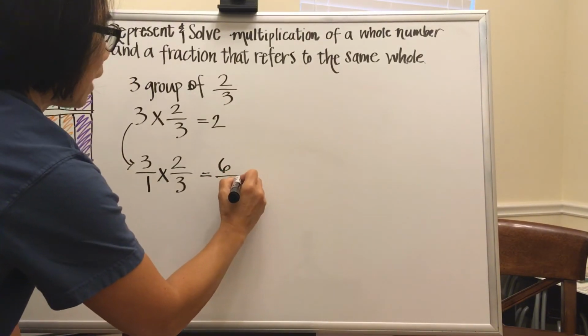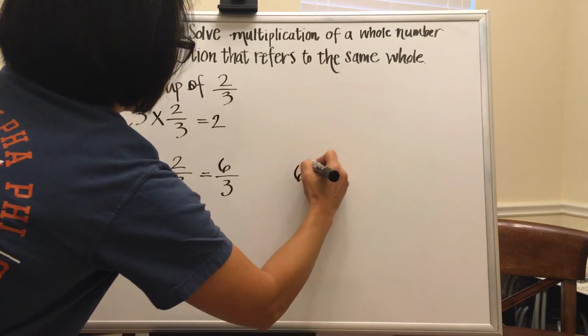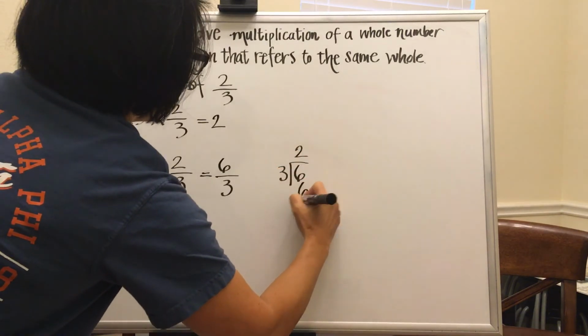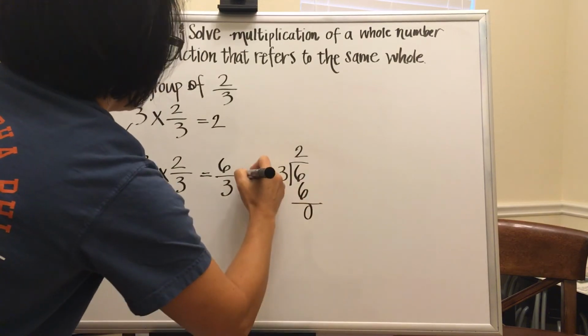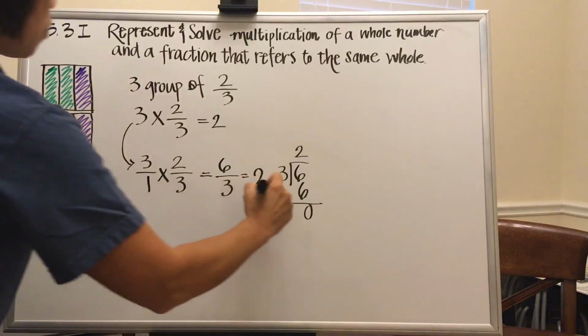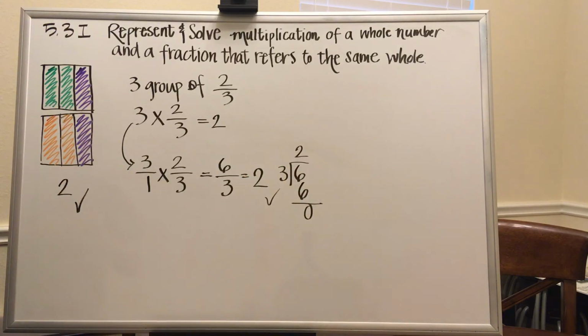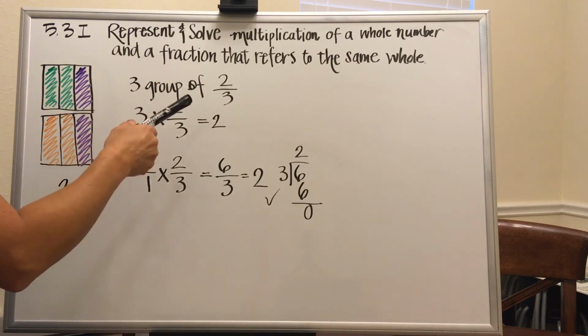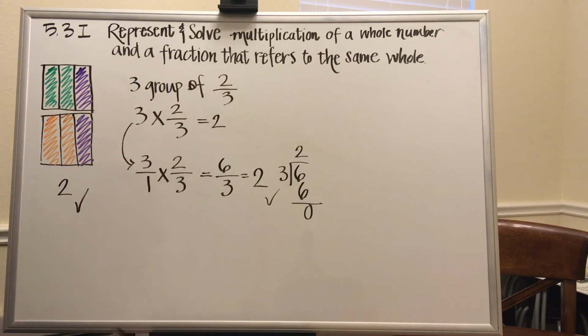I'm going to treat this as a division problem. 6 divided by 3, I have 2 groups with no remainder. Therefore, my answer is 2, just like the pictorial diagram. Okay, so that is multiplying a whole number with earlier the unit fraction and also a fraction that refers to that same whole.